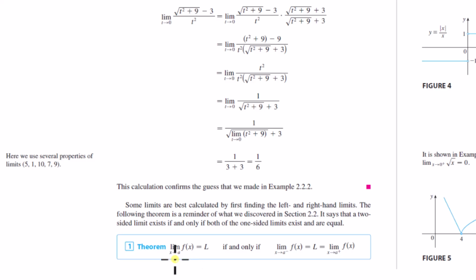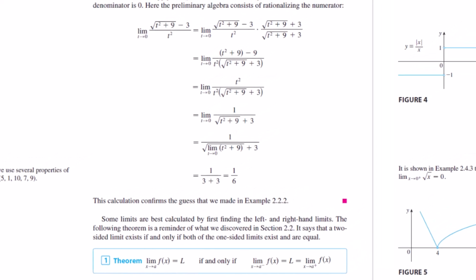That's a requirement of a general limit approaching a value from both sides. And so sometimes it's best to determine a limit by calculating each of the one-sided limits, seeing what they are, and then showing they're the same, so that means the limit in general is equal to that value, like they're showing here.